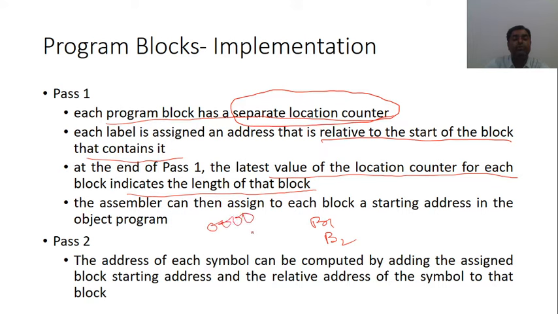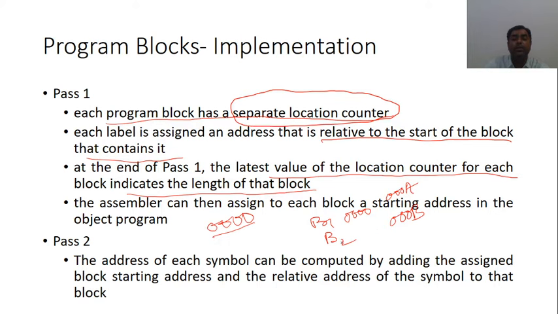Then initially the value of the location counter for each block will be 0000. So the starting address of block 1 is 0000, and suppose that the size of this block is 000A, and the size of block 2 is 000B.